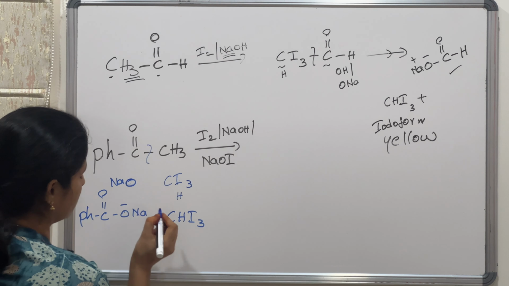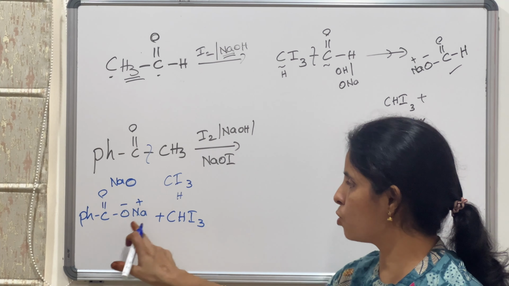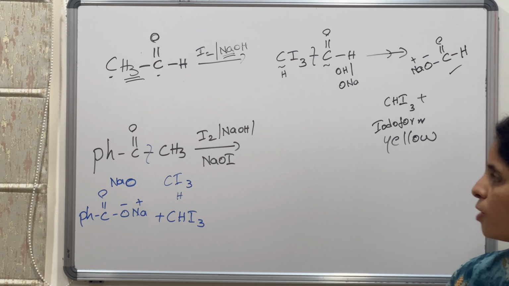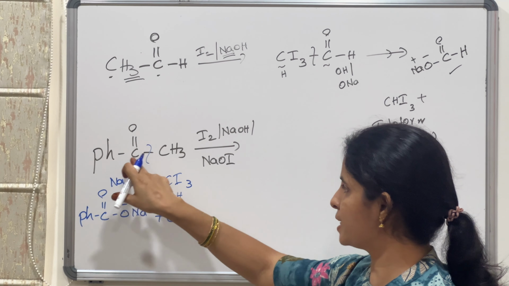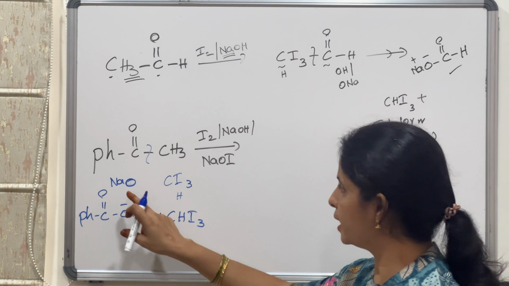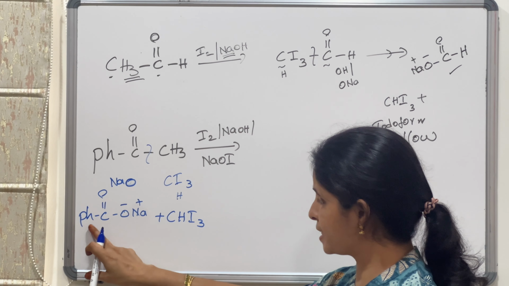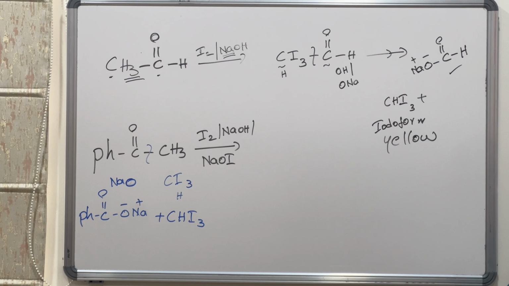That's it. Sodium salt of benzoic acid, sodium benzoate, because it is acetophenone, no? The common name of Ph C double bond O CH3 is acetophenone. So here C6H5COONa, sodium salt of benzoic acid, and your iodoform.